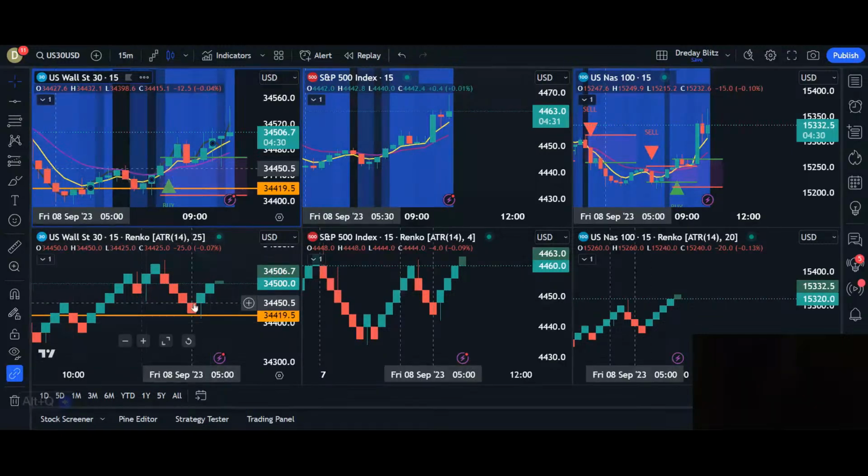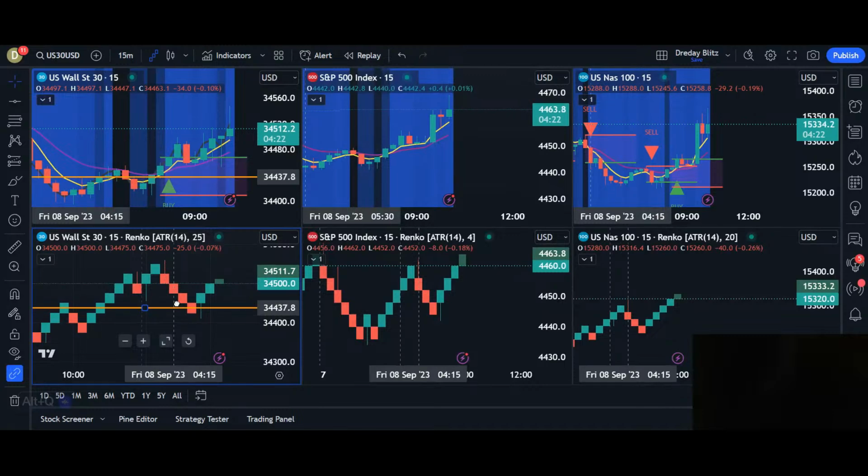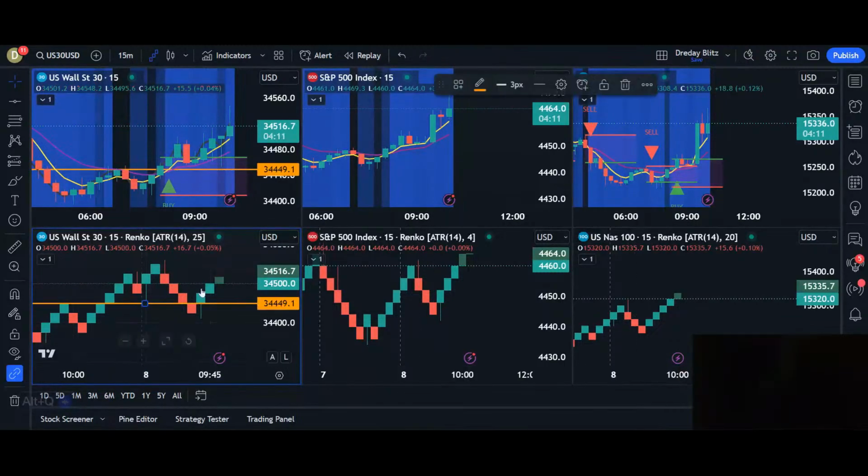Okay, and how I trail my trade is I put it on the top of that Renko, or at the bottom of the next Renko bar right here.